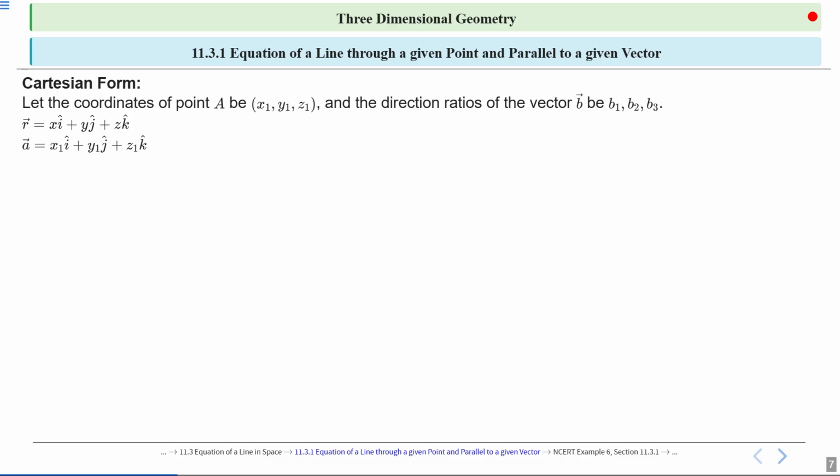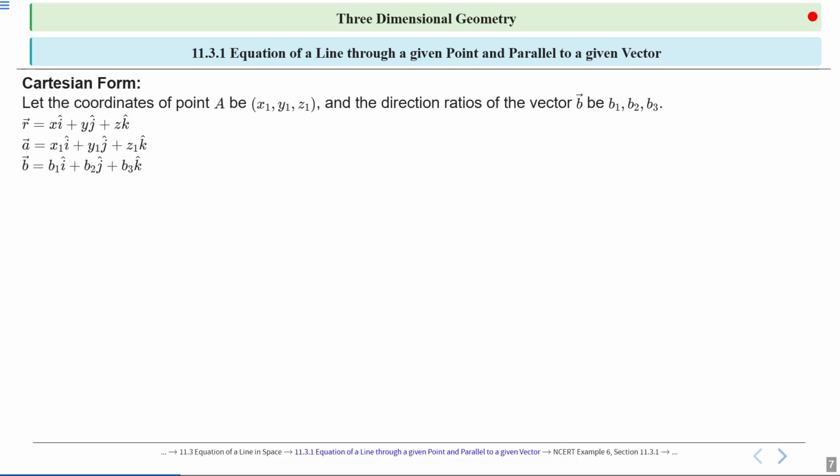So this is written as vector a equals x1 i cap plus y1 j cap plus z1 k cap. Here x1, y1 and z1 are the coordinates of point A, and again i, j and k are the unit vectors.